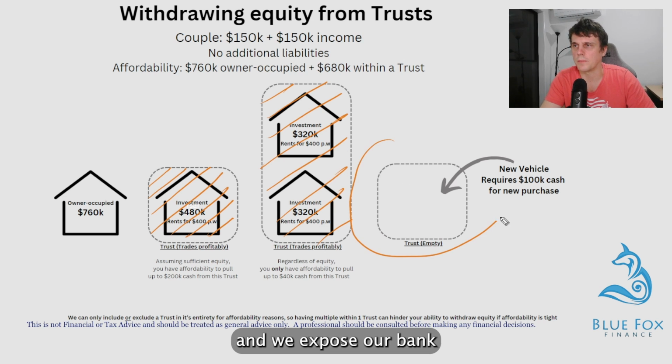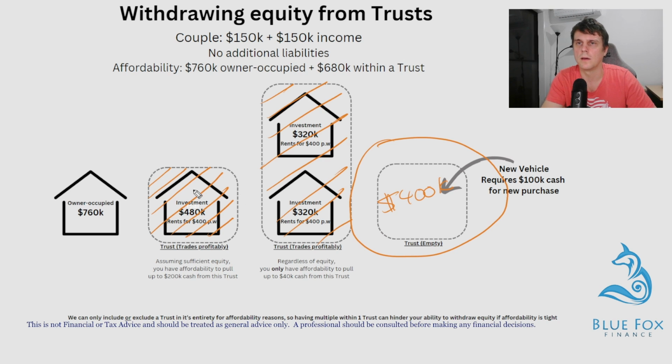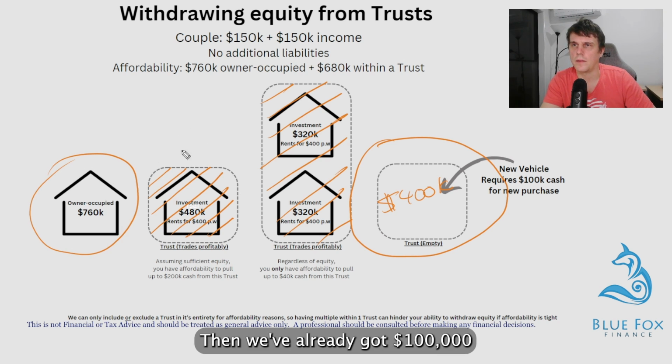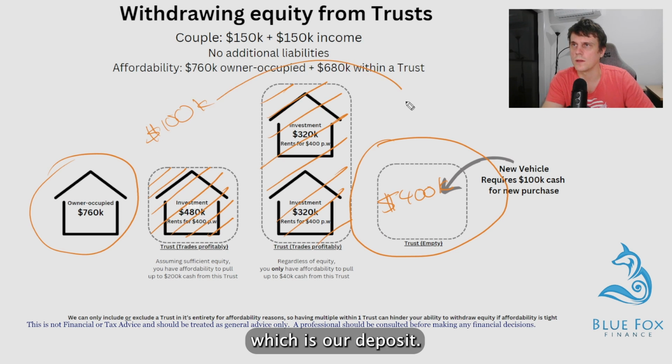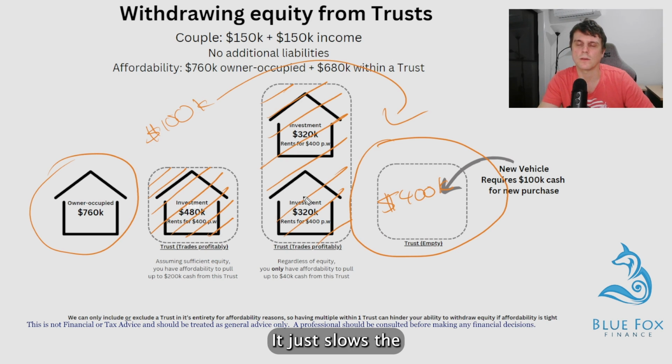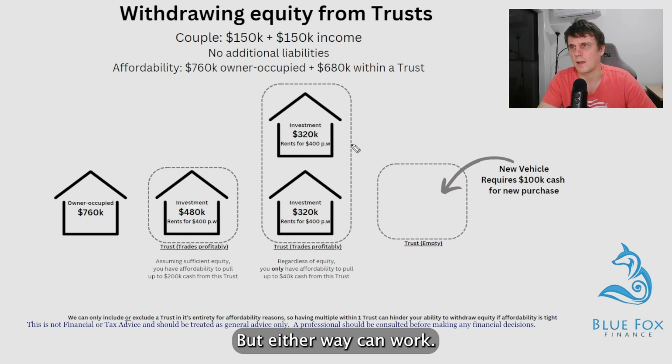And we expose our bank to the proposed purchase, plus anything in our individual name. And then we've already got $100,000 sitting in the bank, which is our deposit. So that can be done, but that means it's twice as many applications. It just slows the whole process down and you've got a lot more paperwork. But either way, can work.